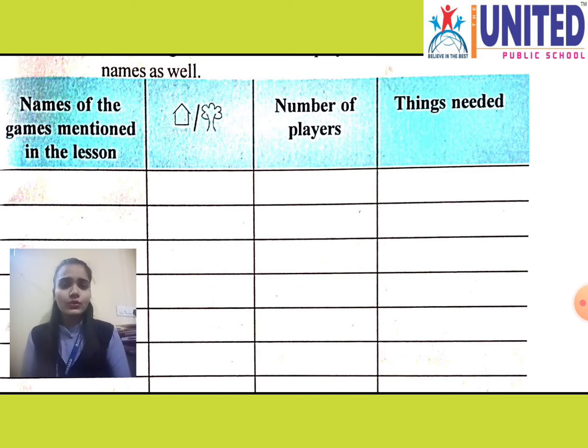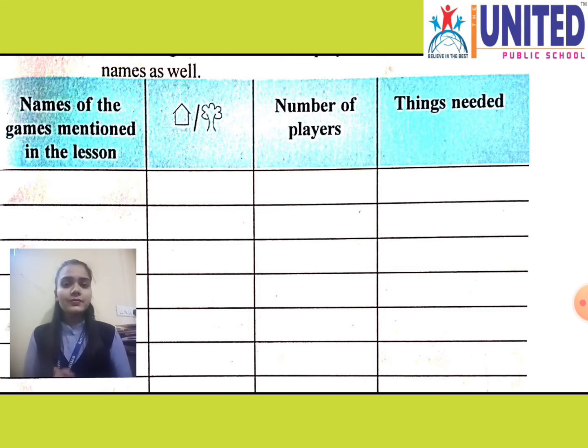In the second column, two symbols are given: the first symbol is an arrow and the second symbol is a tree. The arrow is the symbol of indoor games, and the tree is the symbol of outdoor games.